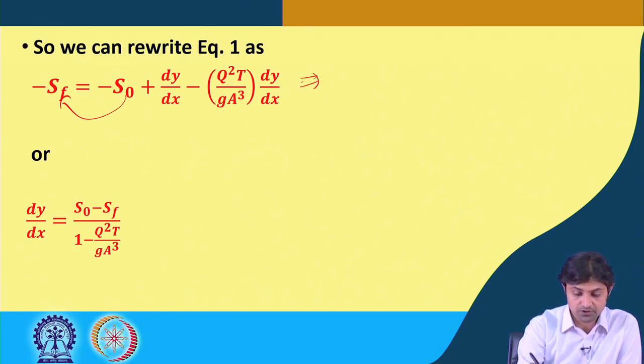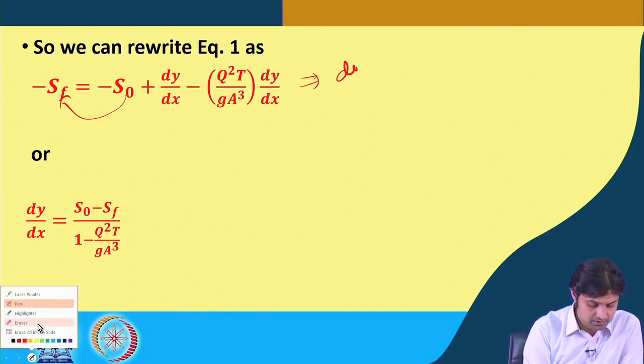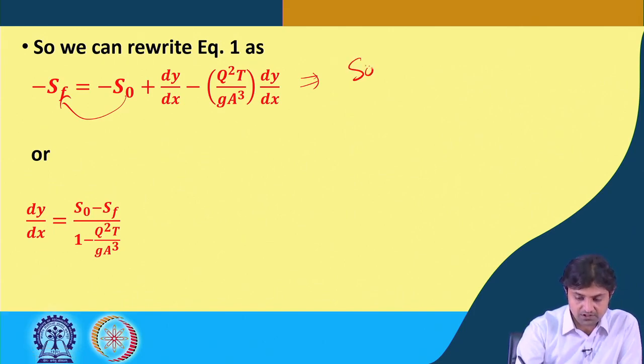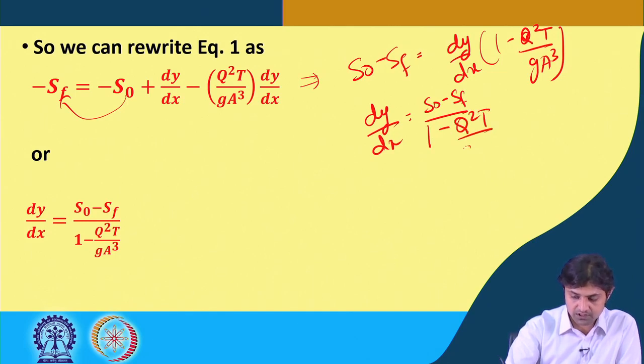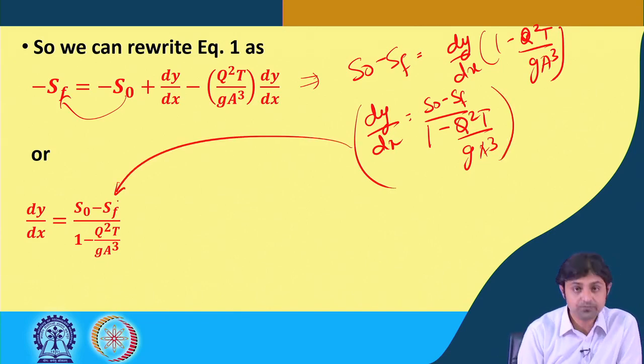So I am taking S naught this side, and Sf will be the same, equal to dy by dx common times 1 minus Q square T by g A cube. So dy by dx is going to be S naught minus Sf divided by 1 minus Q square T by g A cube. This is exactly the same as this.